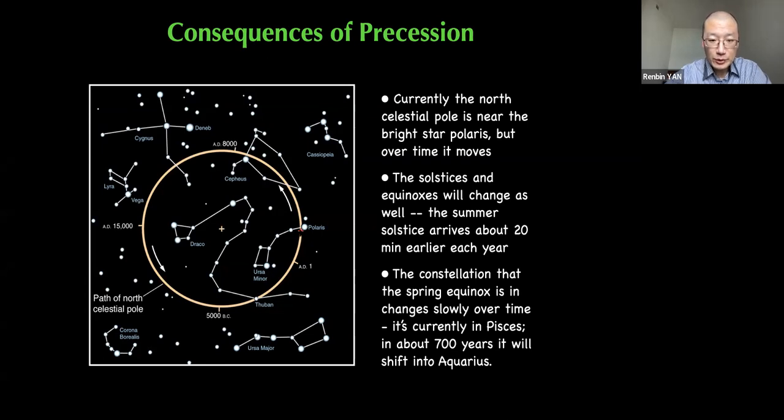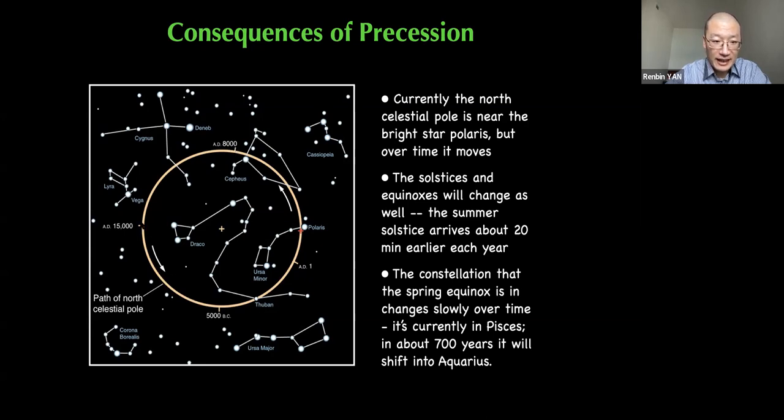But because the rotation axis of the Earth is wobbling in space, it actually moves among the stars. This is the track that is traced by the rotation axis of the Earth. In different years, it points at different places. For example, in about 6,000 years, when it is 8000, the rotation axis of the Earth will be at this position in the constellation Cepheus.